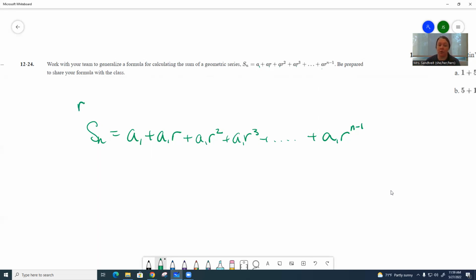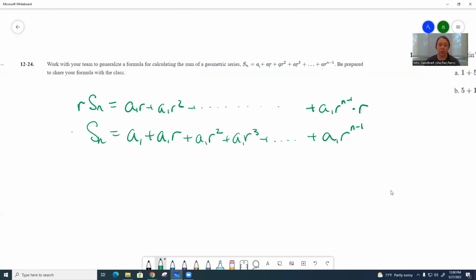So then I'm going to do r times s sub n. So if I do this times r, I would get a sub 1 times r. If I do this times r, I get a sub 1 times r squared. So it's the same thing as before, right? I'm going to multiply everything by r. To get my last term, I take this last term and then times r.